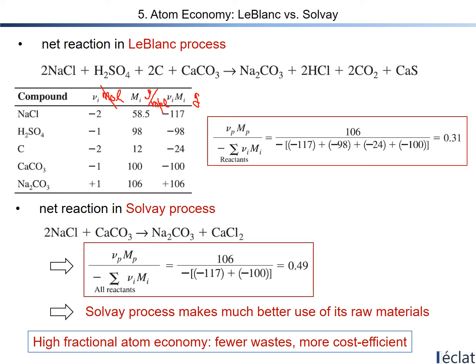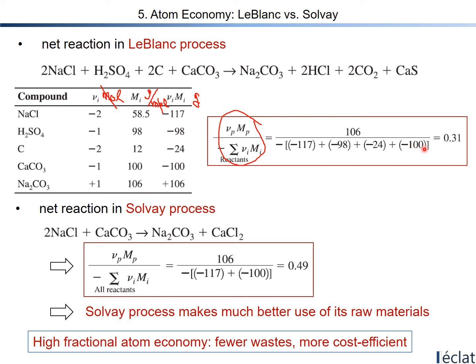So by definition, PR ratio or fractional atom economy is equal to the product mass from here over the summation of those four reactant masses here.